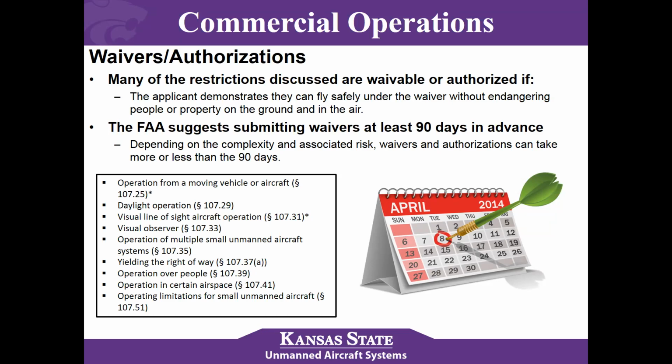But if you want to operate at night, you can go to the FAA and state that you're going to operate at night utilizing a light that's visible out to 3 statute miles. You're going to comply with certain parts of manned regulations, and so forth. Night operations are the number one allowed operation that the FAA has given waivers for, and so that one's relatively easy to obtain, as the safety case is easy to justify to the FAA.